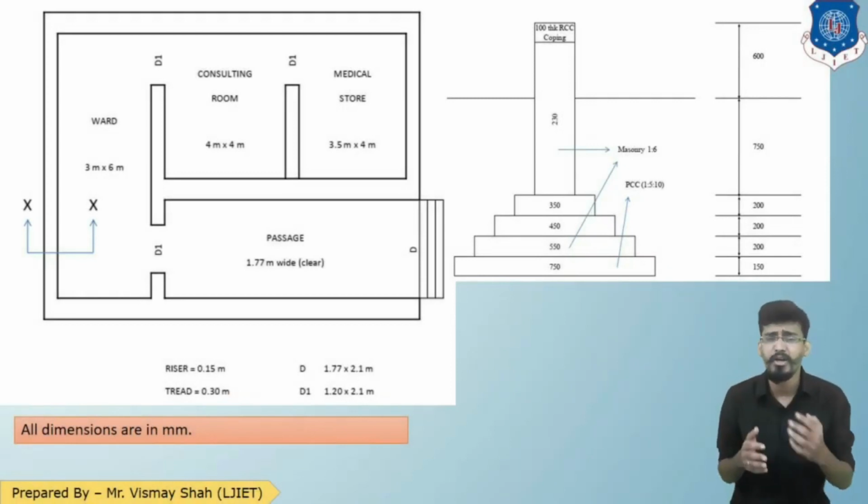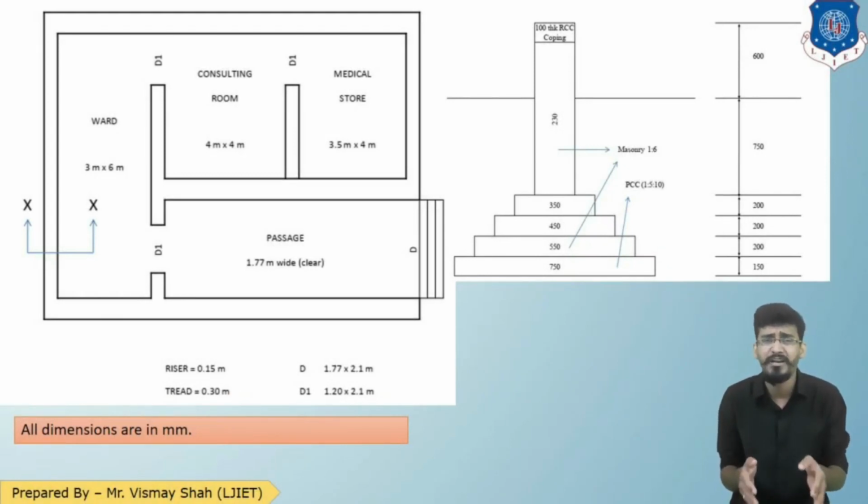As you can see in the drawing, the plan and the section of a clinic is given. You can see in the drawing that there is a passage, a ward, a medical storeroom, and a consulting room available in the plan.